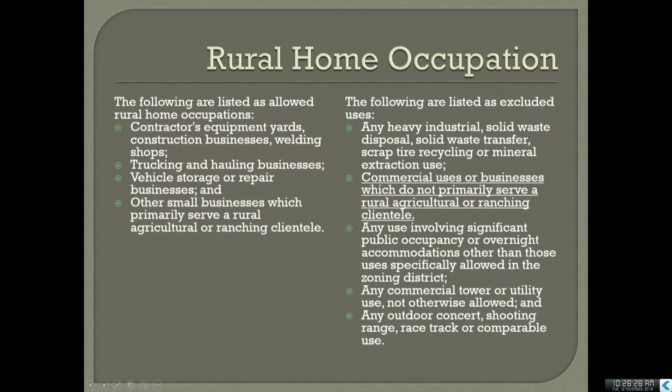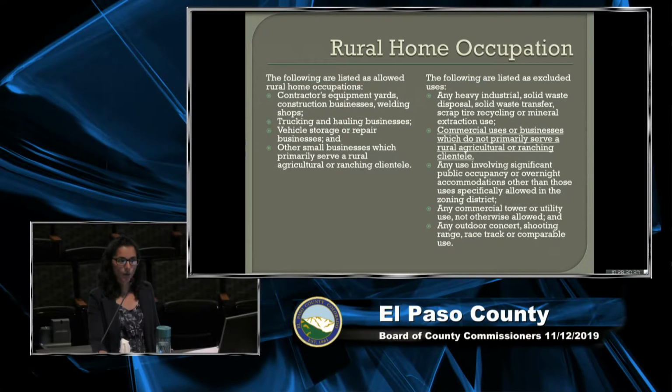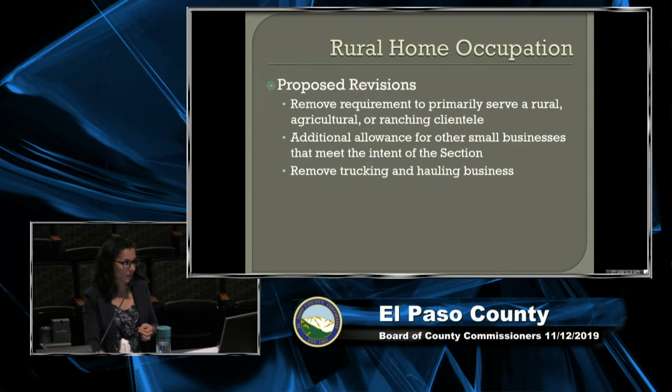Those people are not going to tell somebody that they can't help them or they can't provide landscaping to their home because they're not within a rural area. It's just not practical for them to limit their clientele that way. So we are proposing to resolve that issue by not limiting them to only serving rural or ranching clienteles, first off.